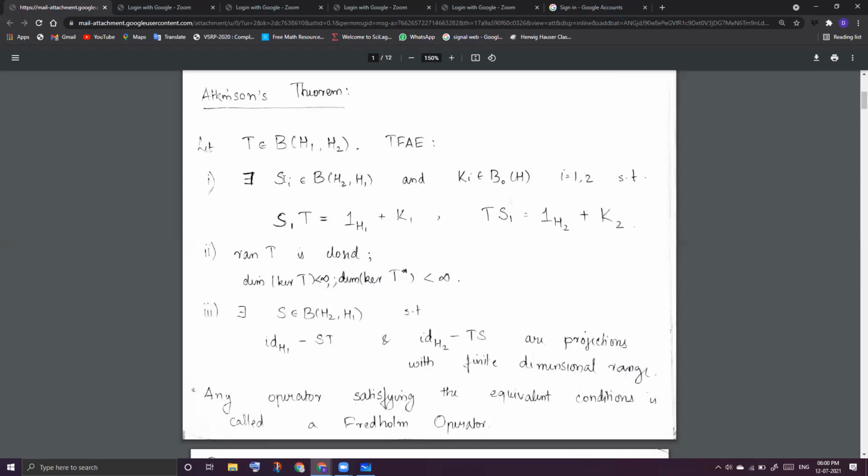Let T belong to B(H1, H2). T is called Fredholm if there exists S belonging to B(H2, H1) and compact operators K1 in B(H1) and K2 in B(H2), that is, compact operators on H1 and H2, such that these equations are satisfied.